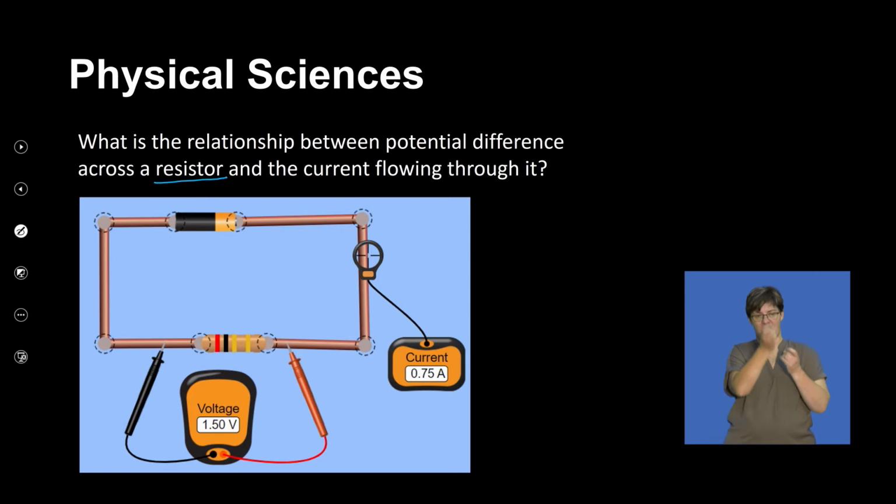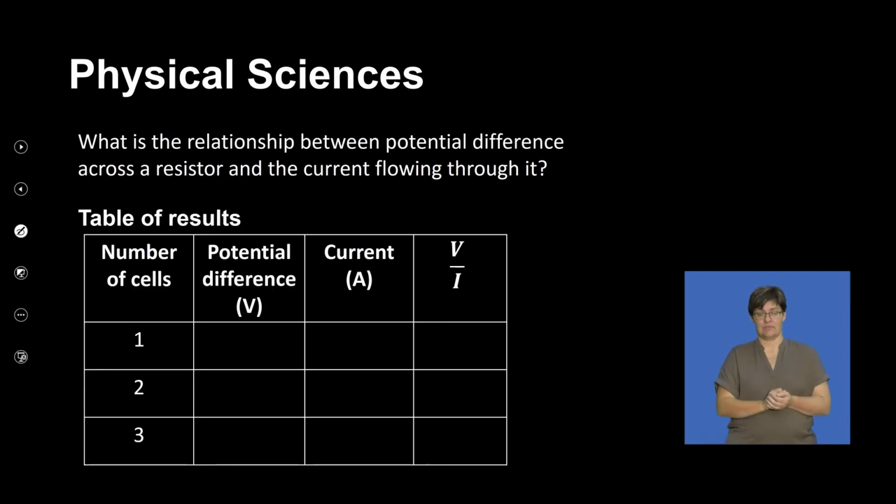You'd realize that there's a battery there, and one resistor connected in series, and that current is the total current, okay? So we will go to a simulation now and try to get some values for the relationship between potential difference and current through a resistor, okay?